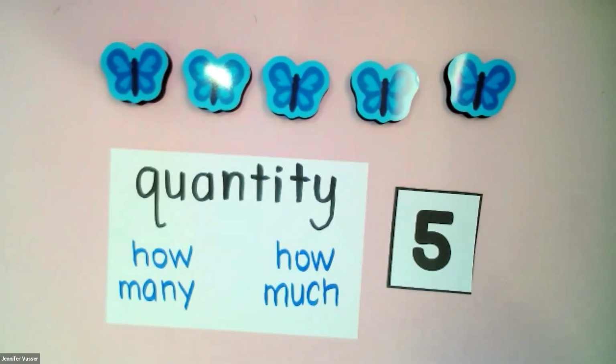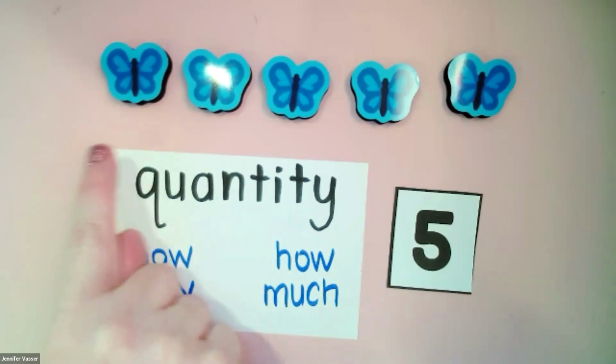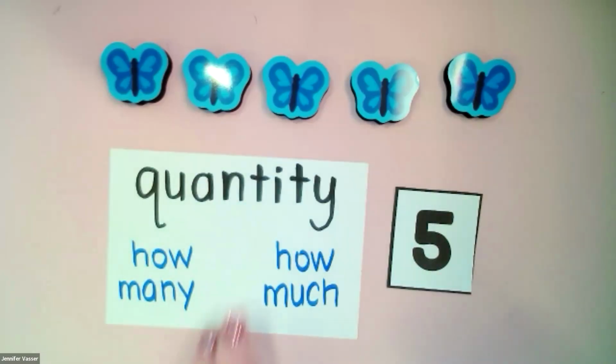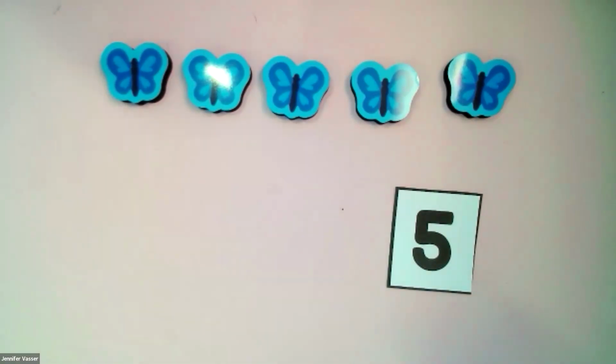Friends, take out your whiteboard, marker, and eraser and push play when you're ready to continue. The word we are learning about today is quantity. Quantity means how many or how much. We have 5 butterflies in this set. We can represent 5 using the written numeral 5.